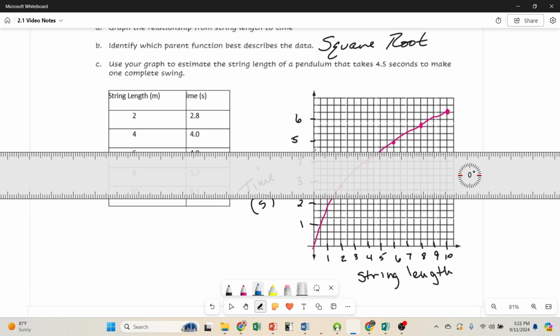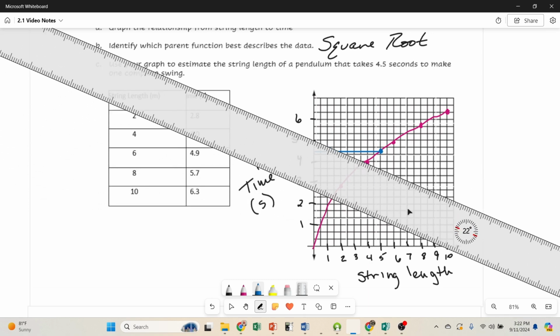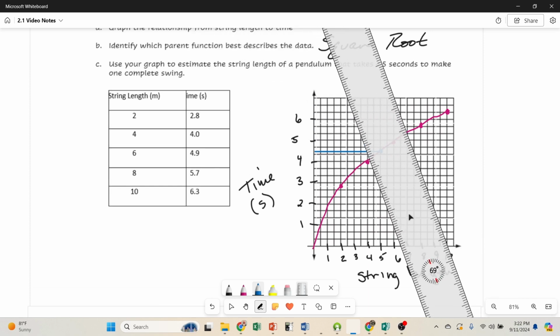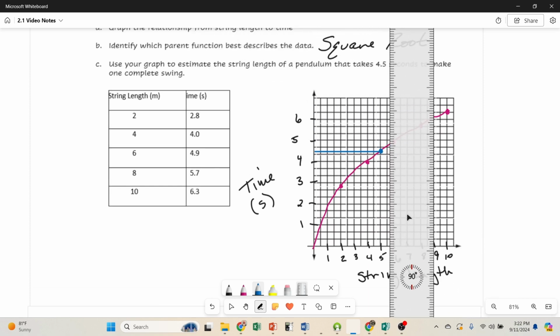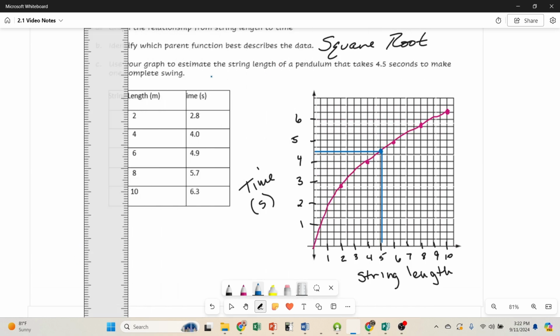So at 4.5, I hit the graph right here, and lo and behold, as you come down this straight line, this puts me at 5 meters. So a 5-meter long pendulum would take approximately 4.5 seconds to make a complete swing.